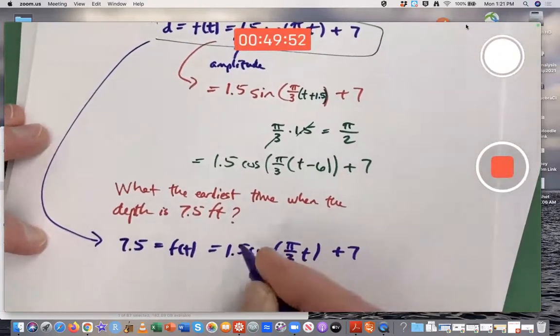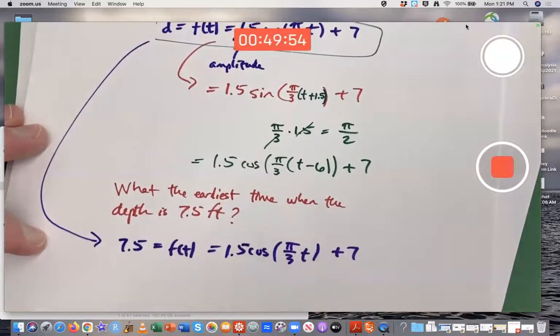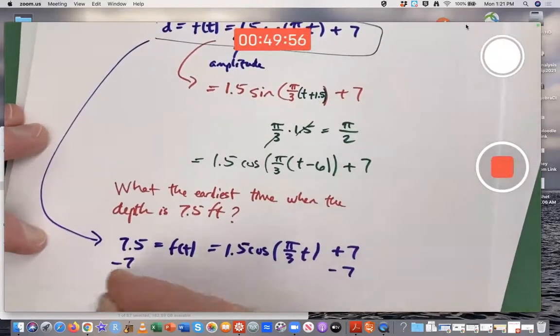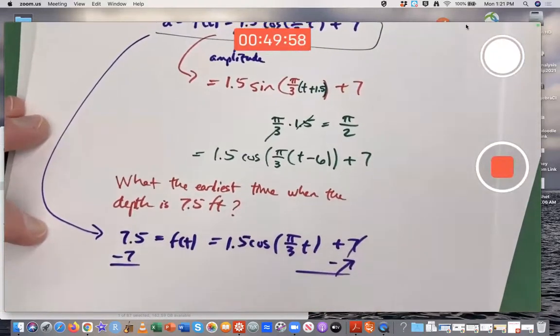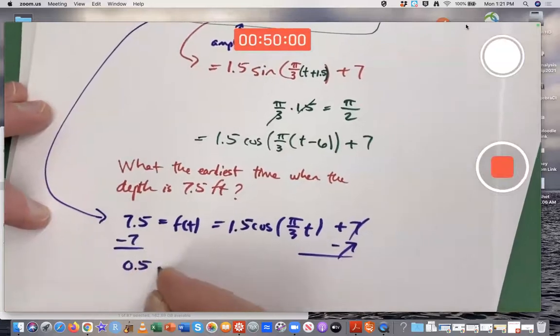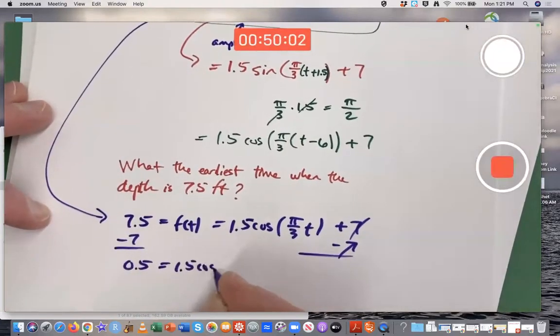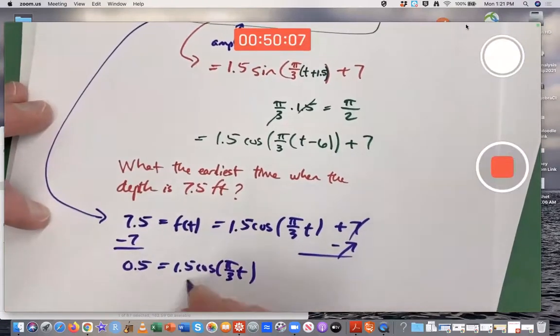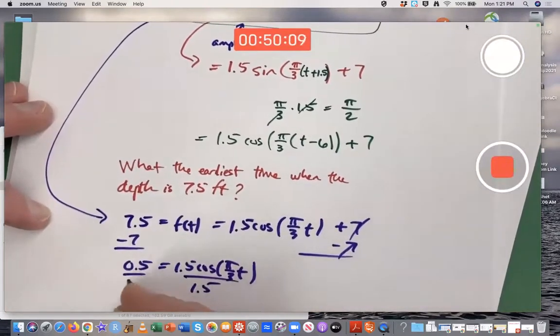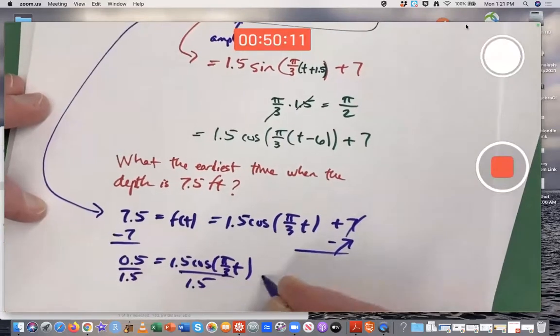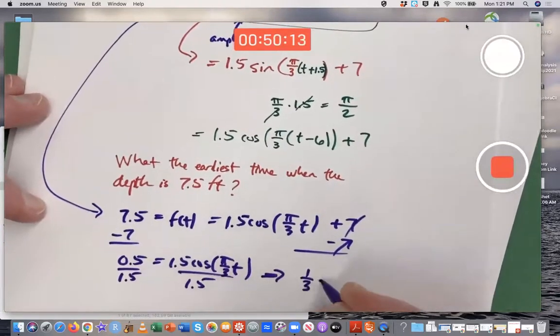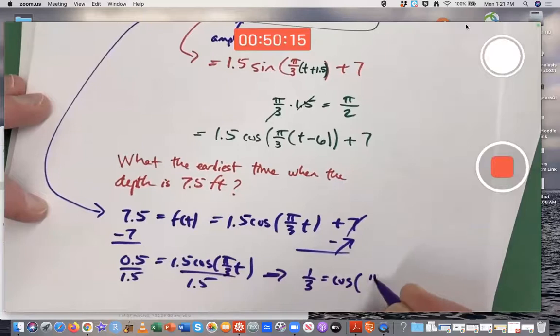You've got to isolate t. So subtract 7 from both sides. Cancel over there. 0.5 would be 1.5 times cosine of pi over 3 times t. Then divide both sides by 1.5 to isolate the cosine. 1/3 will be cosine of pi over 3 times t.